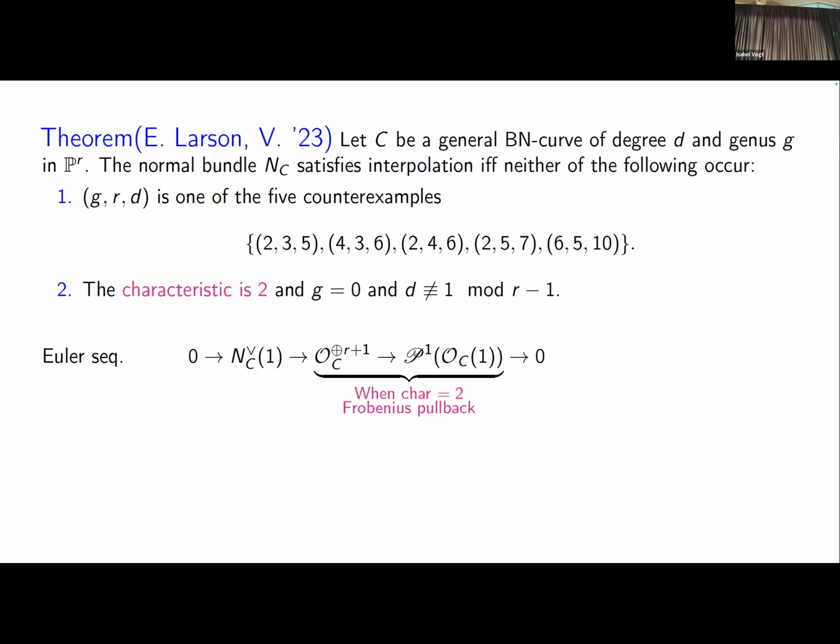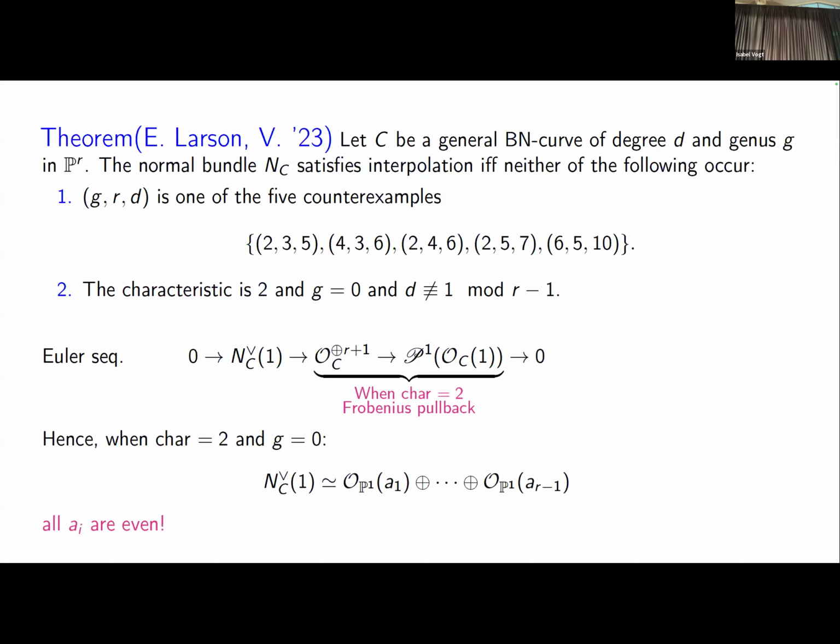So if this map I described for you is pulled back under Frobenius, then this conormal bundle twisted by 1 is pulled back under Frobenius. So if the genus is 0, this bundle splits as a direct sum of line bundles, right? O of a1 through O of a_{r-1}. But it's pulled back under Frobenius. So that says each one of these a_i has to be even, right? It's pulled back under a degree 2 morphism.